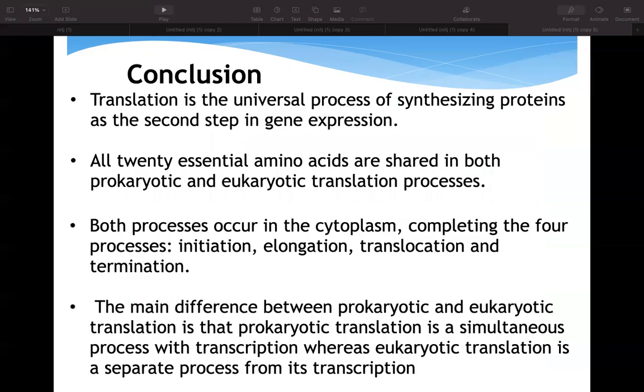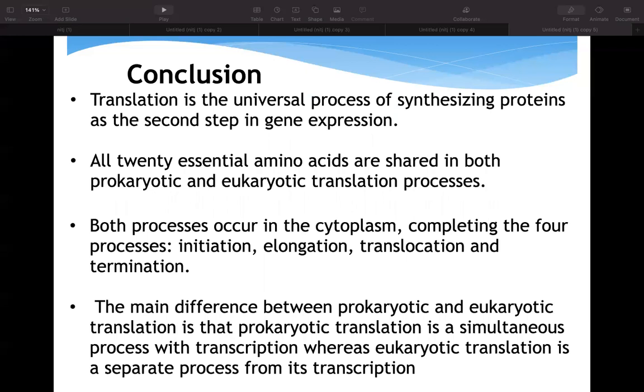So let us conclude both prokaryotic and eukaryotic translation. Translation is a universal process for synthesizing proteins. As the second step in gene expression, it is seen in both prokaryotes and eukaryotes.